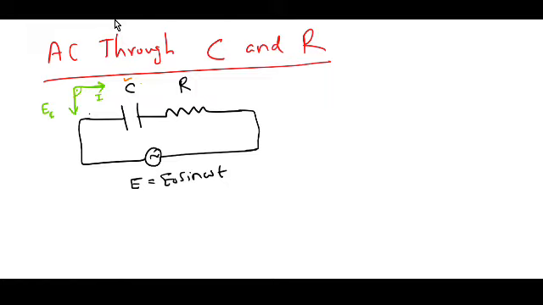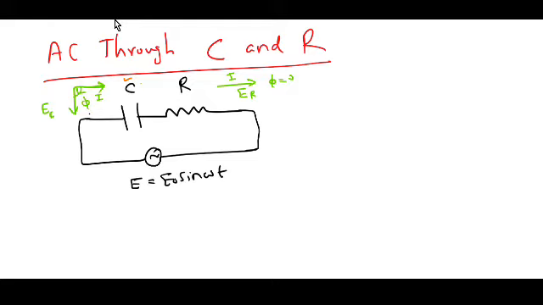There is a lag of the voltage by an angle pi by 2 with respect to the current. Fine. The voltage across the resistor is ER and the current is along the same direction. There is no phase difference, so the phase difference phi is equal to 0 here, but for the capacitor we have a certain phase difference.